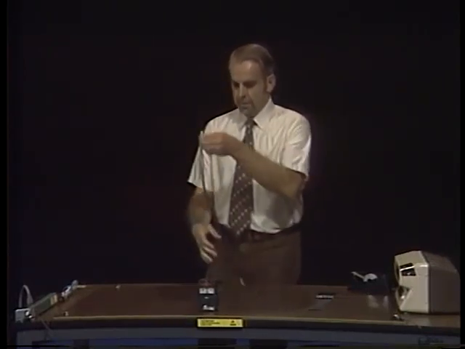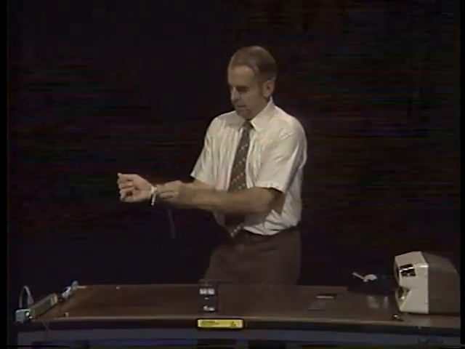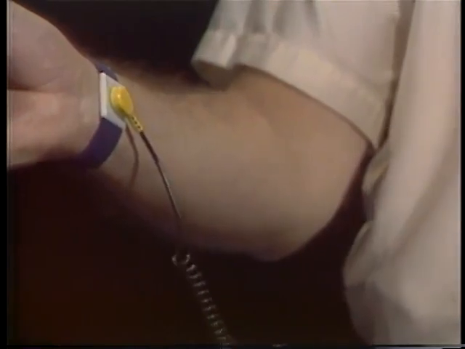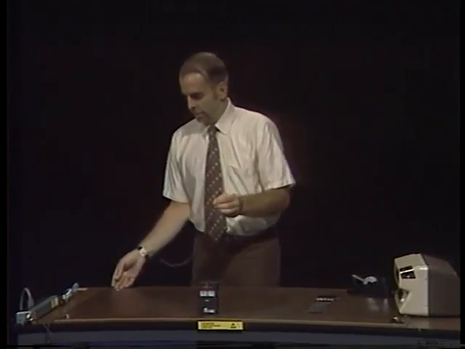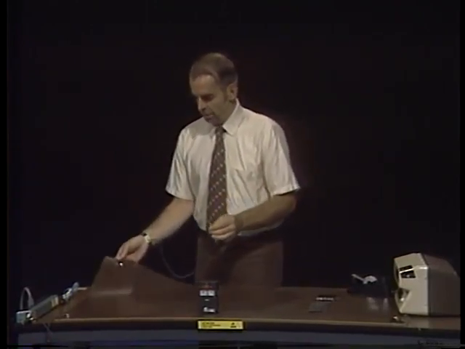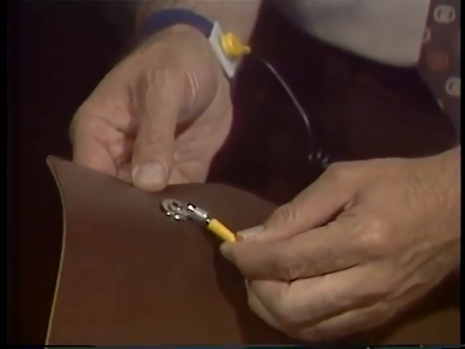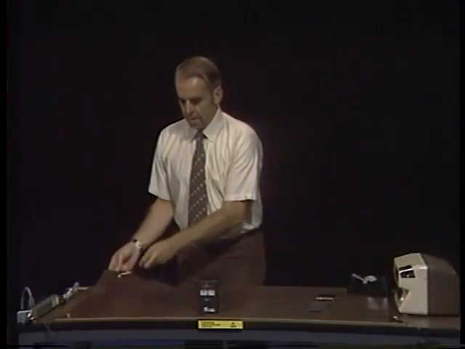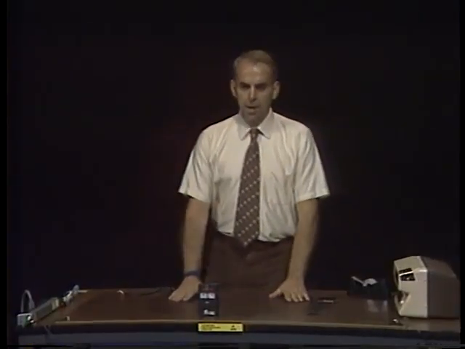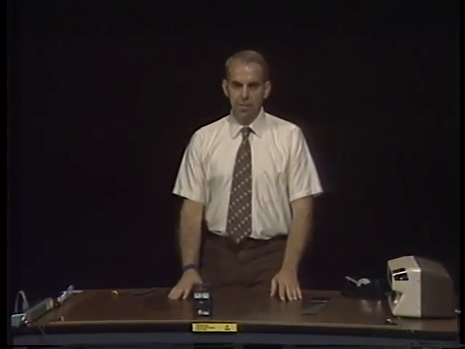The second part is the cable, which consists of a mating snap containing a safety resistor, the elastic cord, and a connector with which I'm going to fasten it to the table mat. Here in the corner of the table mat, I have a swiveling connector that allows me to make a strain-free contact with the mat. Now the mat and I are at zero potential. We've started our static-free workstation.